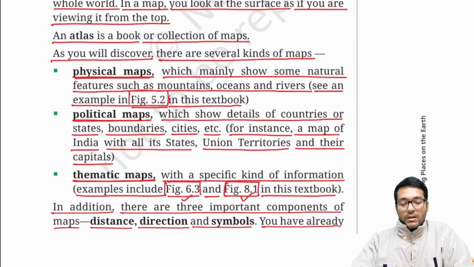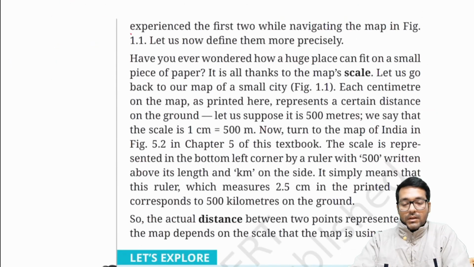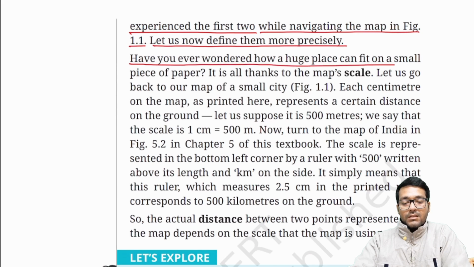You have already experienced the first two while navigating the map in Figure 1.1. Let us now define them more precisely. Have you ever wondered how a huge place can fit on a small piece of paper? It is all thanks to the map's scale.